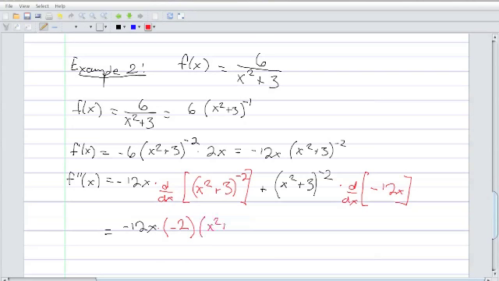So this is going to be x squared plus 3 to the negative 3 times the derivative of the inside, which is another 2x. Okay, so I had to do the chain rule there. This negative 2 fell in front, subtract the 1 from the exponent, and then I have times the derivative of the inside, which is just going to be 2x.